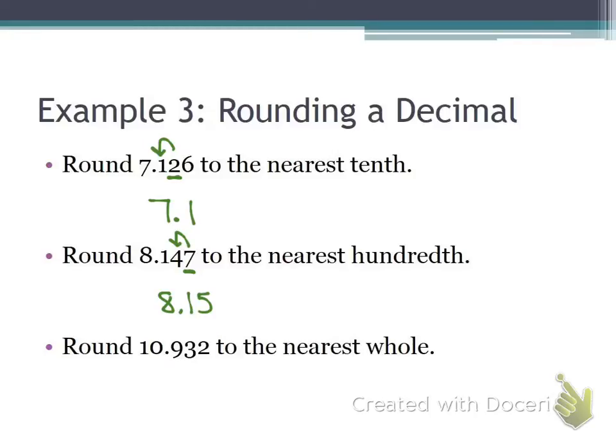What place value is that? What do you think, Mackenzie? Not the tenths, you look at the tenths. Very good. You use the tenths place to round to the nearest whole number. So what would it be? 11. Very good.